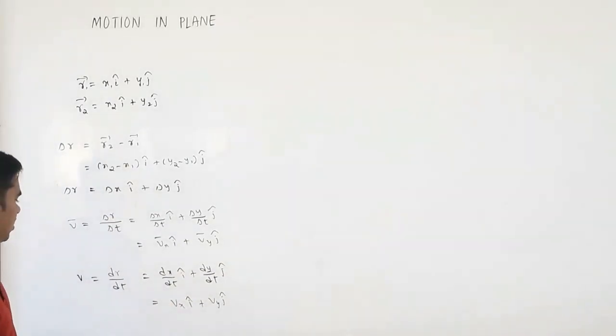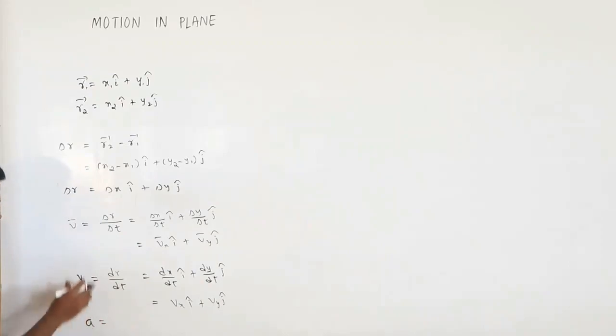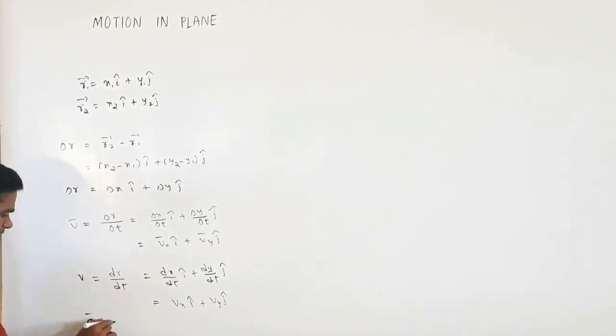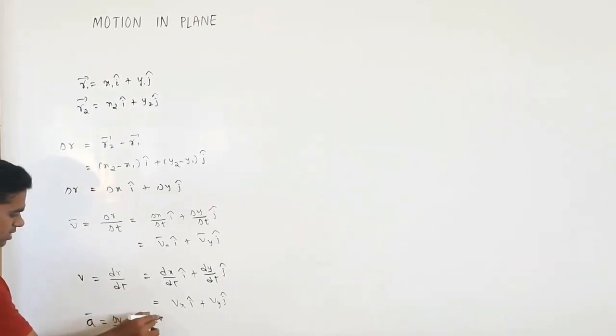Similarly, you can write for acceleration also. The average acceleration is delta vx by delta t i cap plus delta vy by delta t j cap.